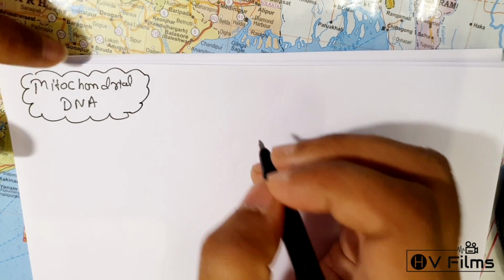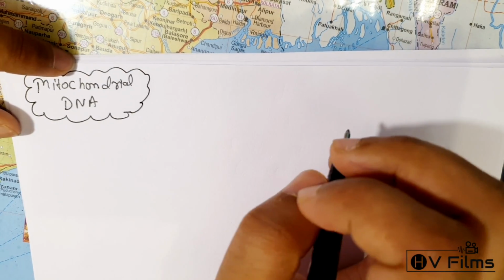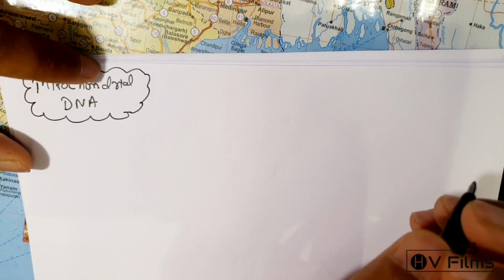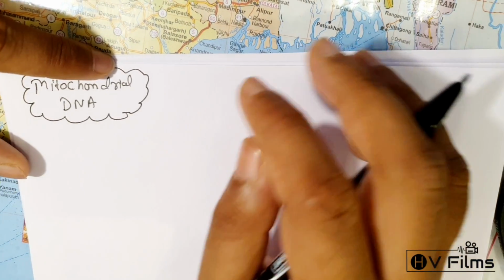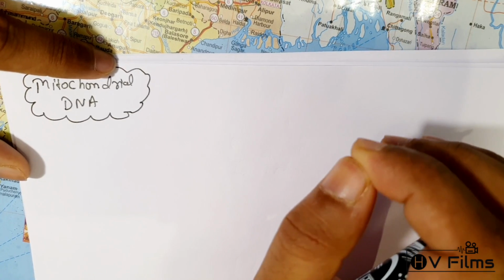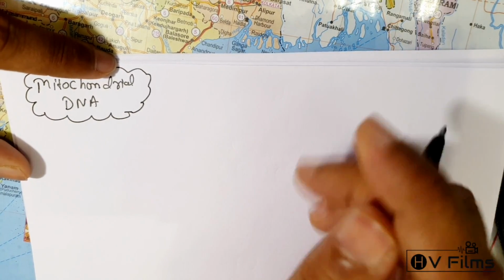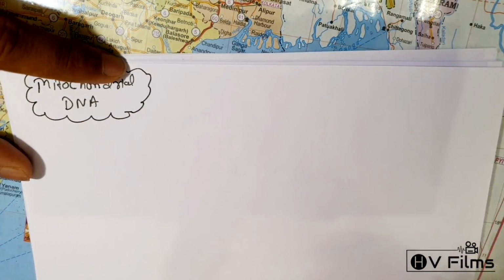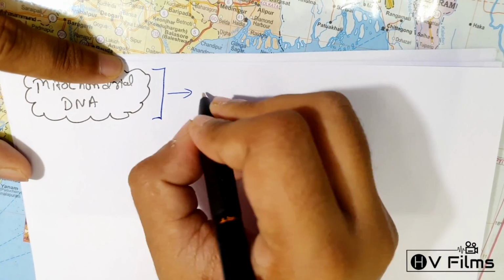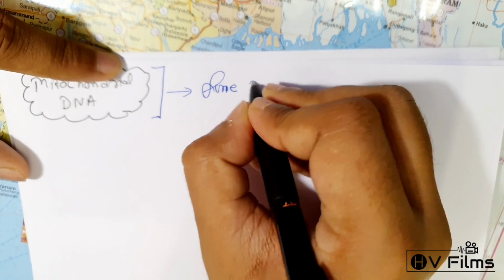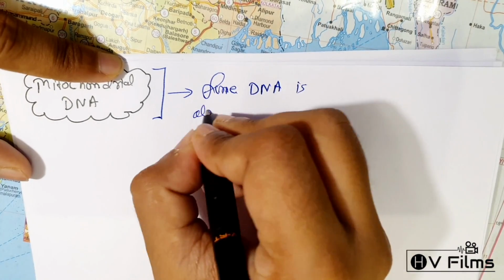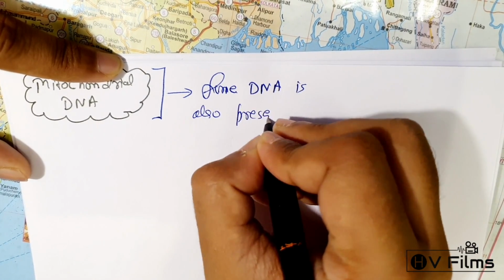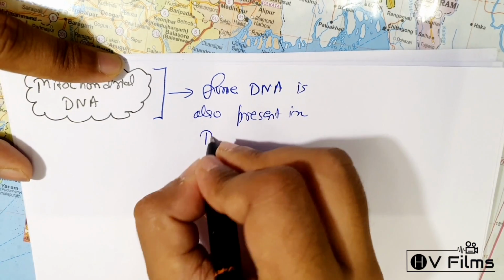The DNA we have discussed till now is present in the nucleus, right? Some DNA is also present in the mitochondria.